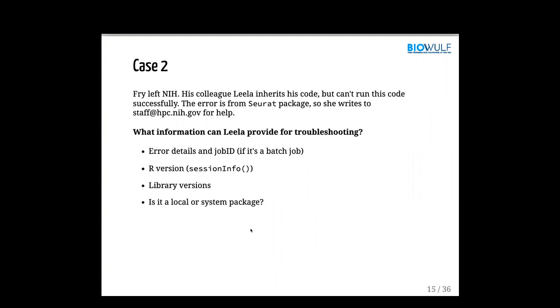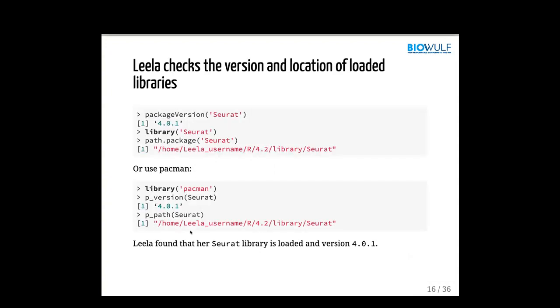The last thing is to check whether the error is from your local library or a system one, like one installed in the user's local apps. So now Lila can check the version and the location.